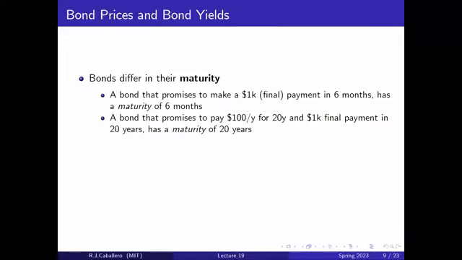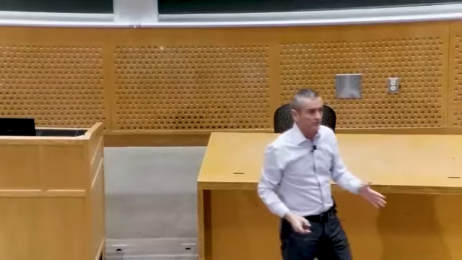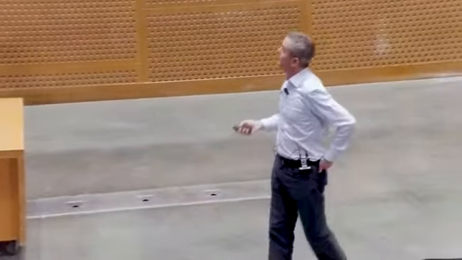Maturity is the date, or the number of years, till the last payment on that bond, okay? It doesn't matter whether you receive lots of little coupons along the way and one final payment, or whether you receive no payment whatsoever until the last date. The maturity of a bond is the number of years till your last payment, okay?